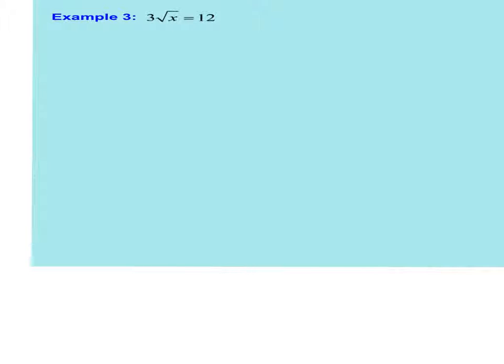All right, here's another. 3 times the square root of x equals 12. Step number 1 is always to isolate the radical. So we have this square root of x being multiplied by 3. So the inverse of that is to divide by 3 on both sides. So we get the square root of x equals 4.